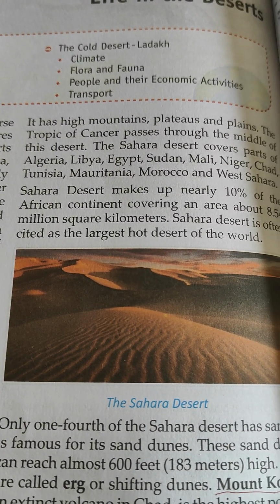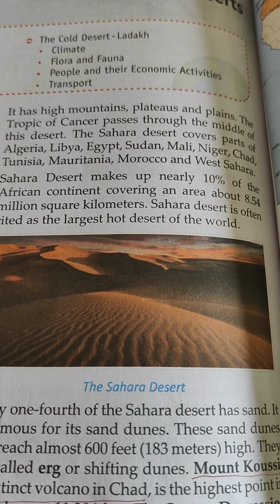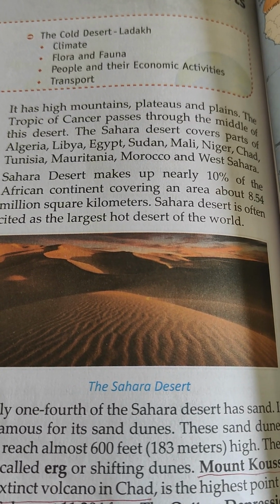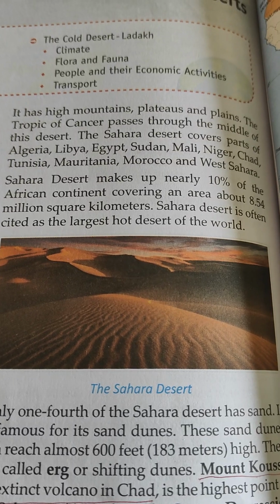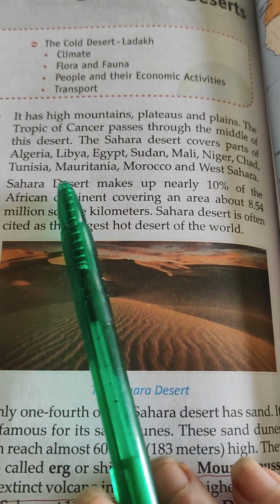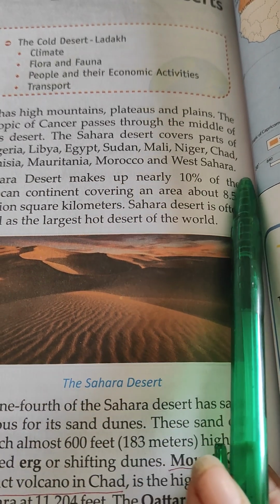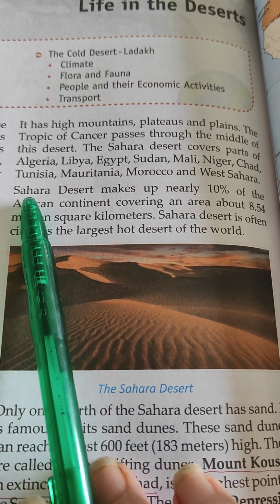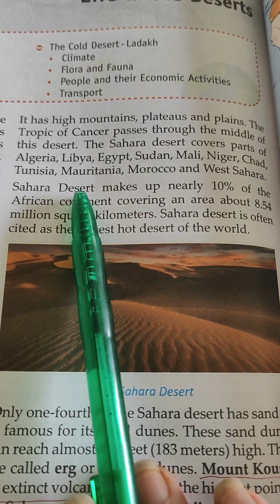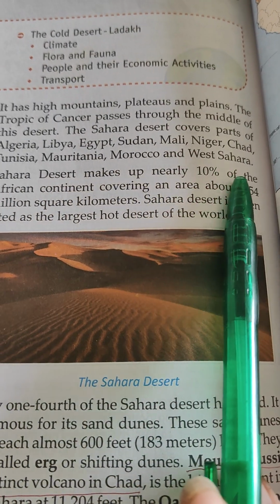The Tropic of Cancer passes through the middle of this desert, and it includes many countries of Africa: Algeria, Libya, Egypt, Sudan, Mali, Niger, Chad, Tunisia, Mauritania, Morocco, and West Sahara.